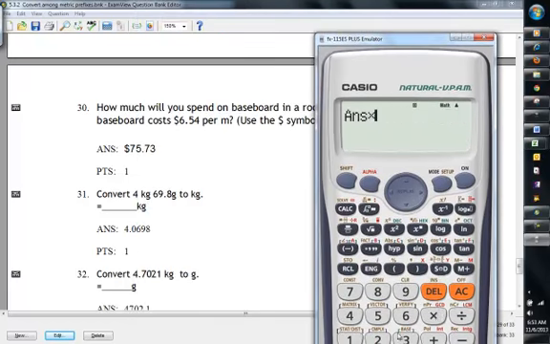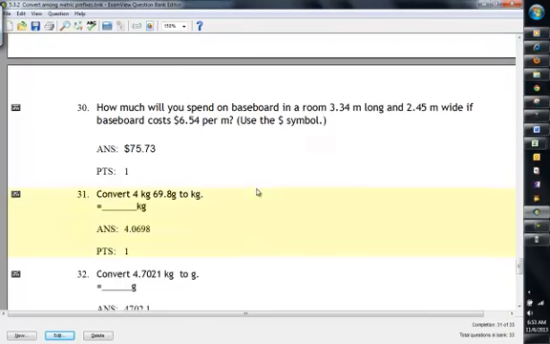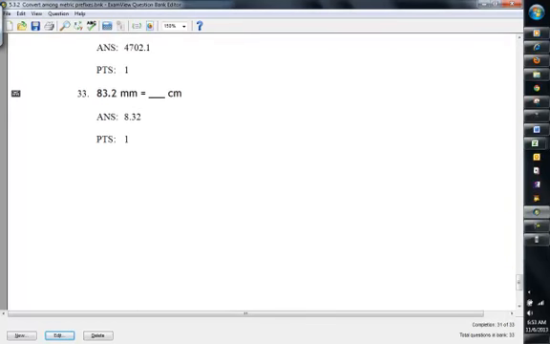But then we would multiply that by 6.54 per liter, and we get $75.73. That's how you do these problems.